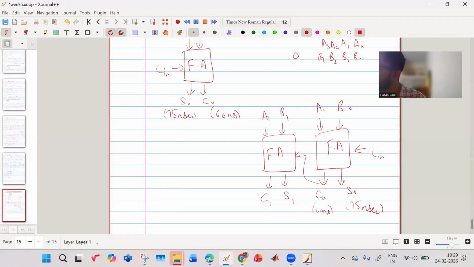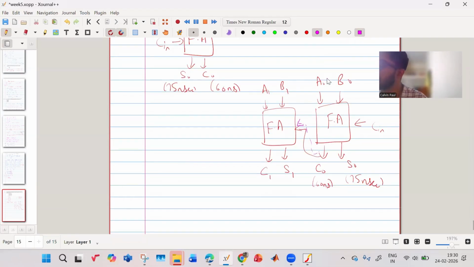The problem is this 60 nanosecond carry has to go over here, but it is not there for the first 60 nanoseconds. So it has to wait. So 60 nanoseconds has to elapse. Once that has happened, now S1 will produce. Now S1 and C1 will come. So this S1 will come at a time of 60 plus 60, that is 120 nanoseconds. And C1 will come at a time of 60 plus 75, what is 60 plus 75? That is 135 nanoseconds. Okay.